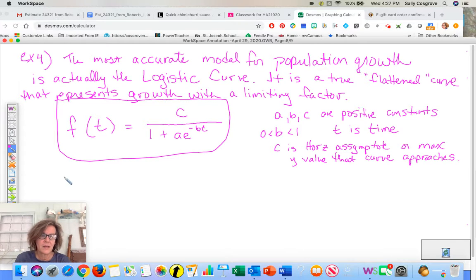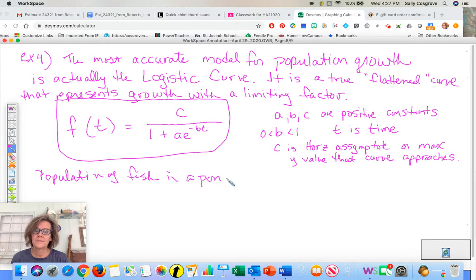We have a population of fish in a pond, and we have the equation that models it.